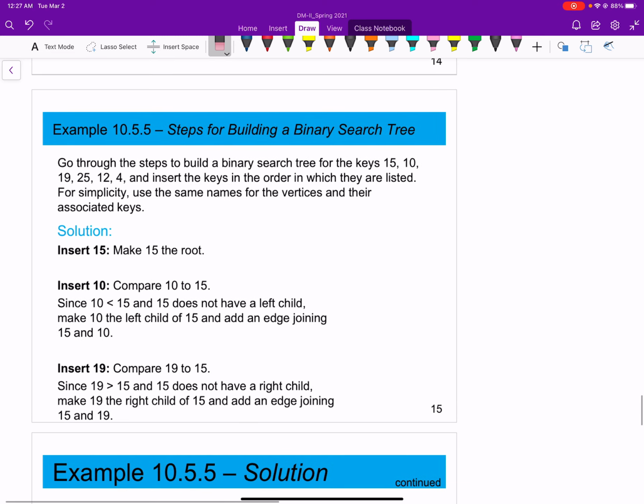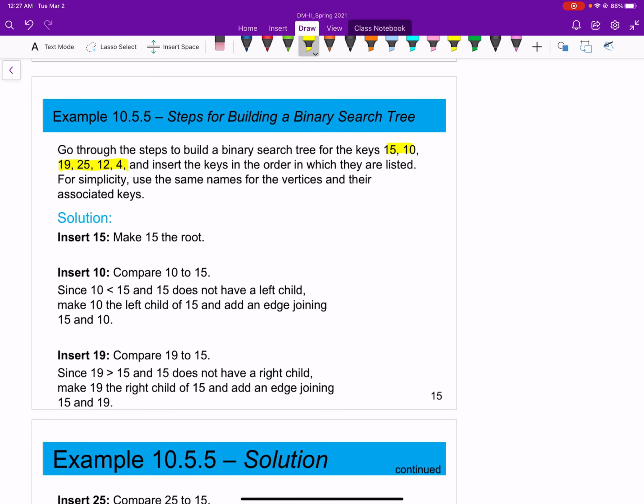All right, so these are the keys, the list of keys given to you. Now you have to just put them in a binary search tree. Start from the beginning. Step number 1, you have to put the root, which is 15, the first element. All right, you added that 15, and now you have 15.